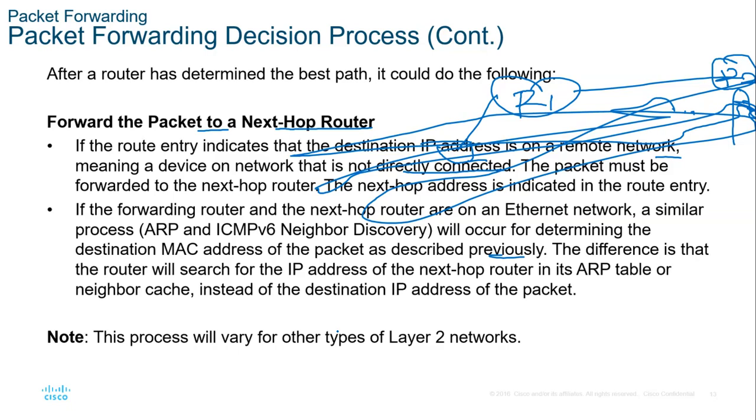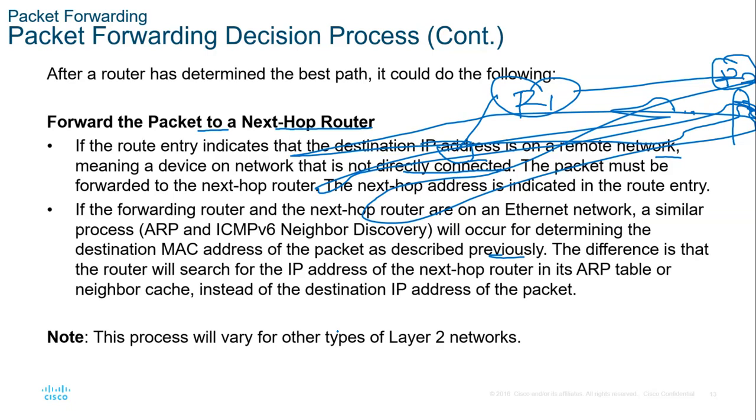Every time a router determines that the destination network is on another router, it will check the next hop IP address, the next hop device, and then use that to forward the packets.